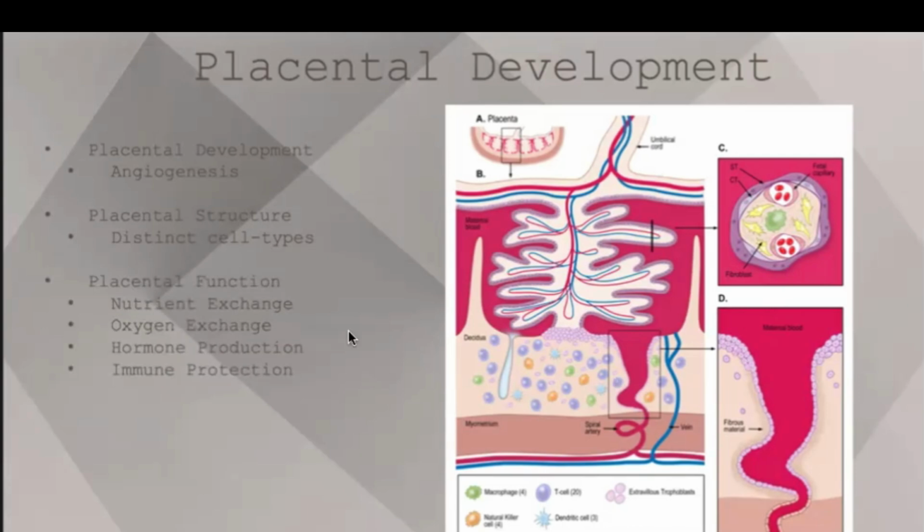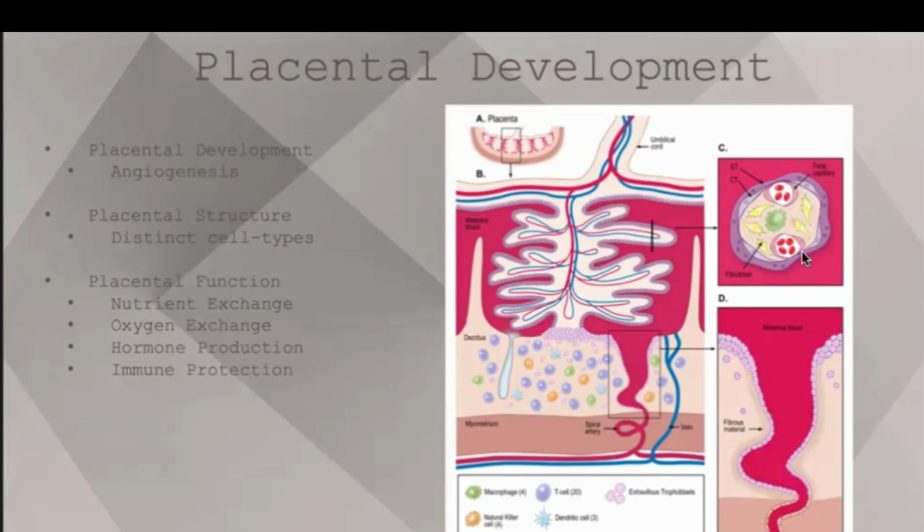So the overall function of the placenta, of course, is nutrient exchange and also the diffusion of oxygen. The oxygen that is in the maternal blood that bathes the villi is diffused across this thin membrane layer, also termed the vascular syncytial membrane. And this is where the fetal blood vessels can take up that oxygen.